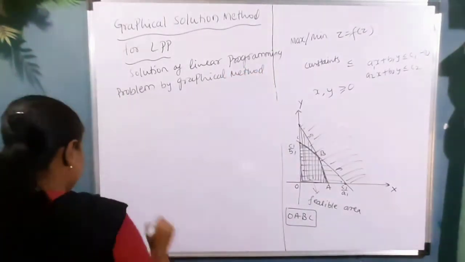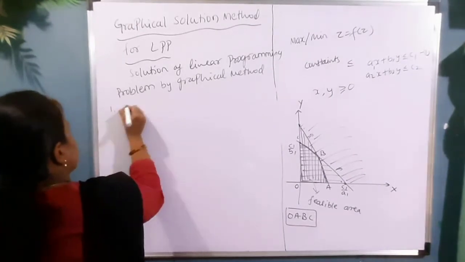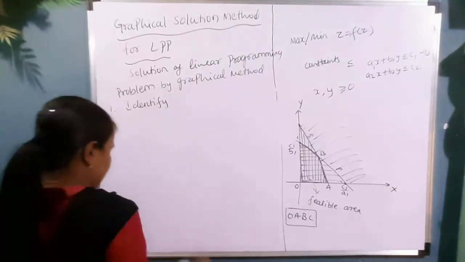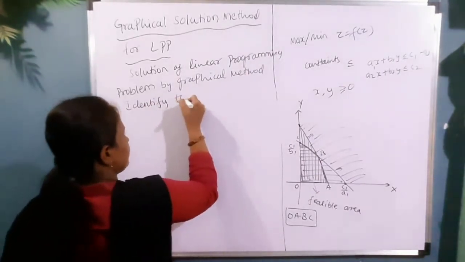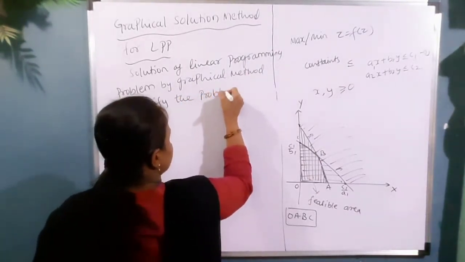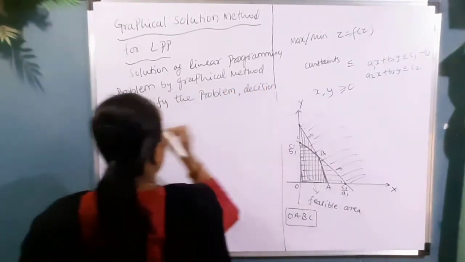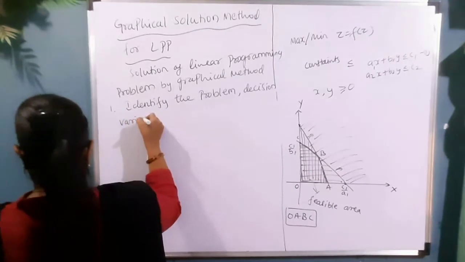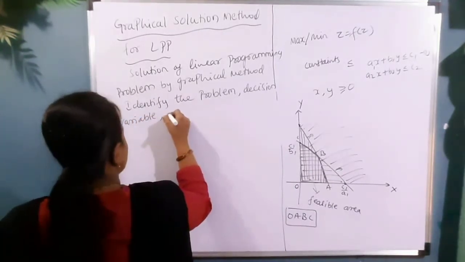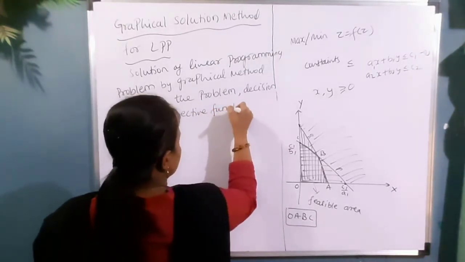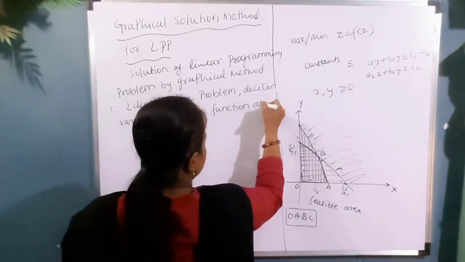First step: identify the decision variables, objective function, and restrictions.